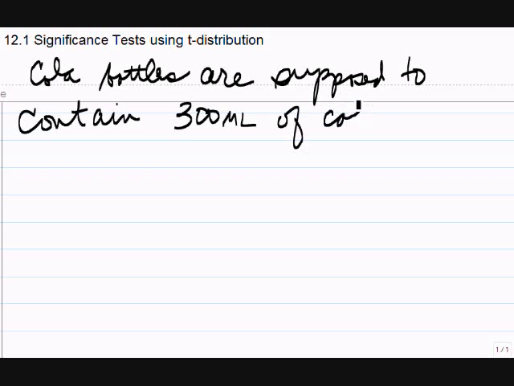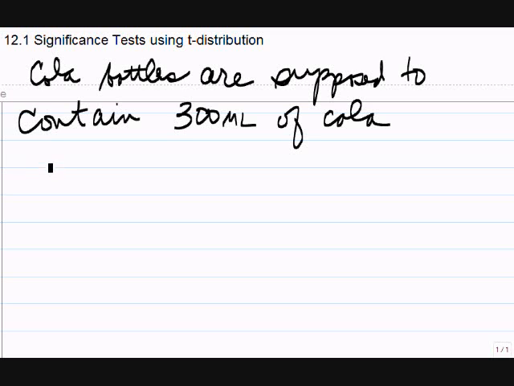I'm not going to say any specific kind of cola, we'll just call it cola. Apparently some inspector pulled some random bottles out of this manufacturing, and he thinks that maybe they are underfilling.